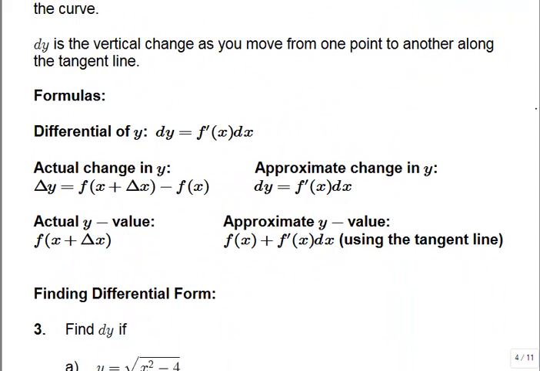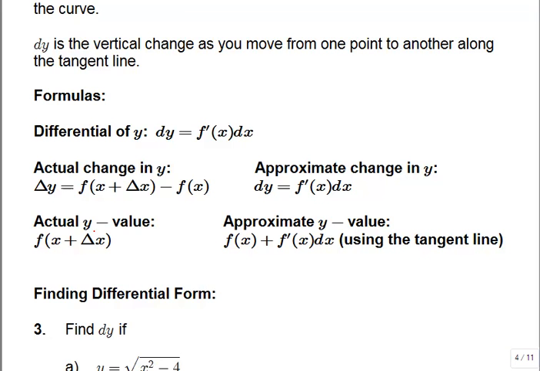So here are our formulas. Your differential of y, called dy, is f prime of x dx. The actual change in y is called delta y, and that's f of x plus delta x minus f of x, and we can approximate that by using that differential f prime of x dx.